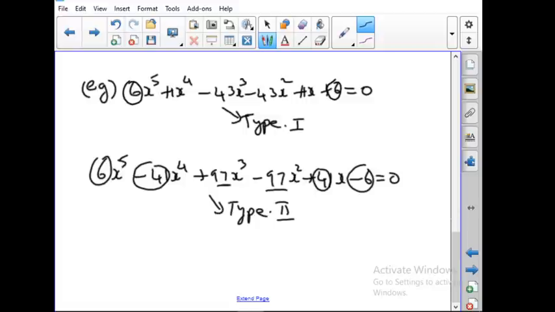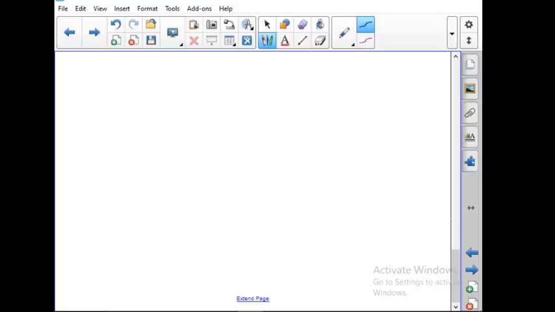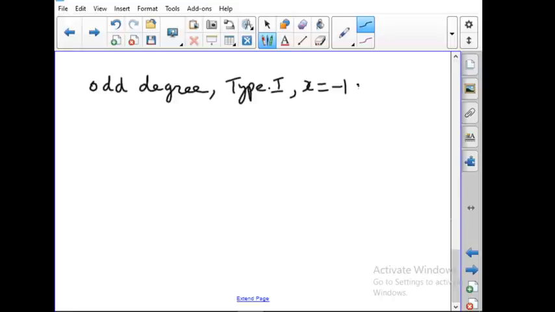Now if the reciprocal equation is of odd degree, and type 1, then x is equal to minus 1 is a solution.